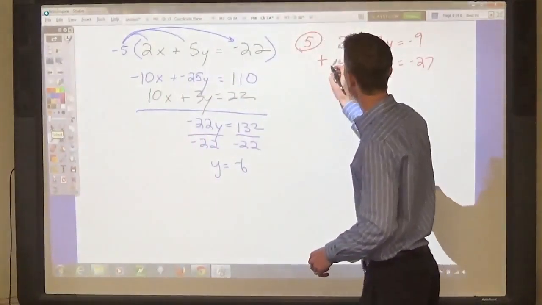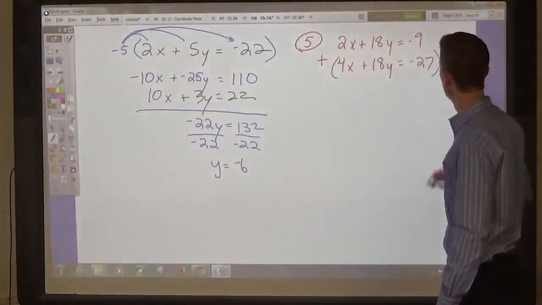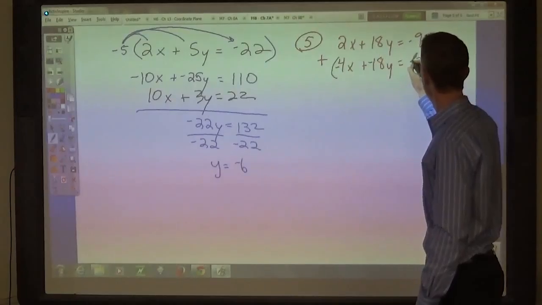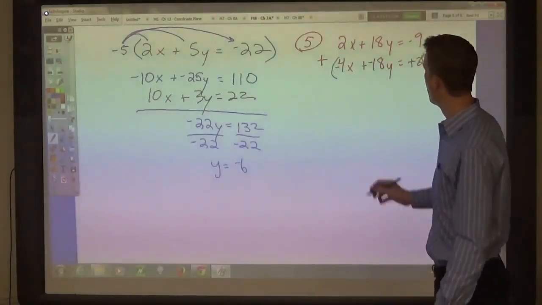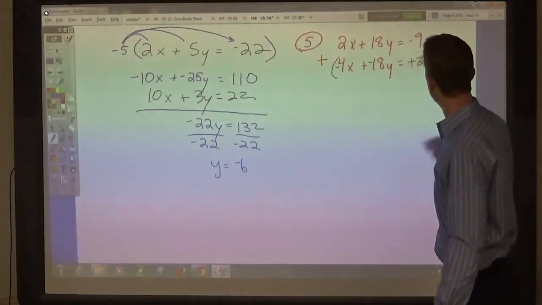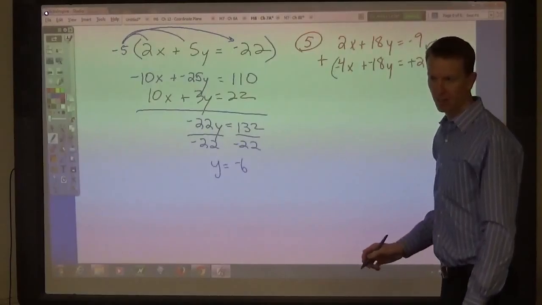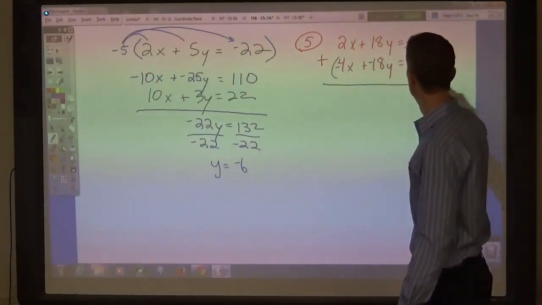Negative 1. Right. So that makes that negative 4x, negative 18y, and positive 27. Okay, now we can add. When we multiply everything by negative 1, it makes it its opposite. So now we can add them.